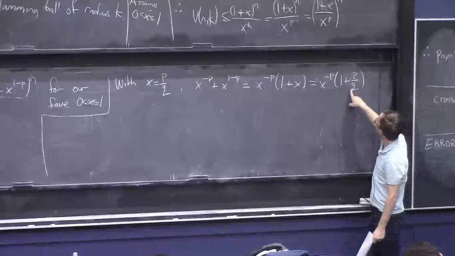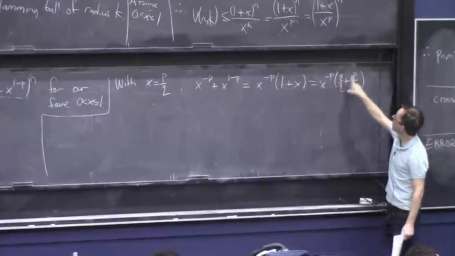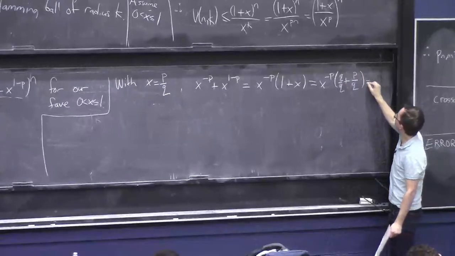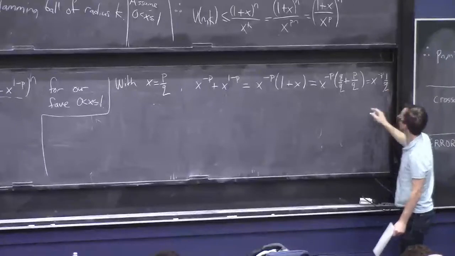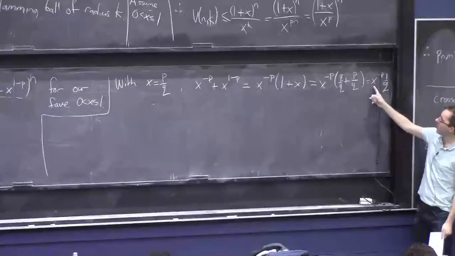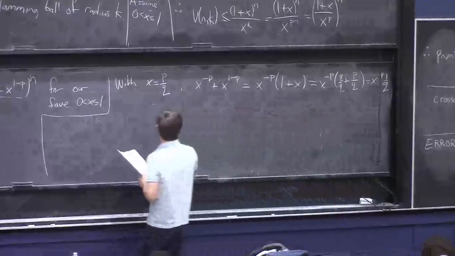OK, and 1 is also known as q over q. And q plus p is 1. So this is x to the minus p times 1 over q. And now I'll also remember that x is p over q. So I'm just doing some arithmetic in front of you here.